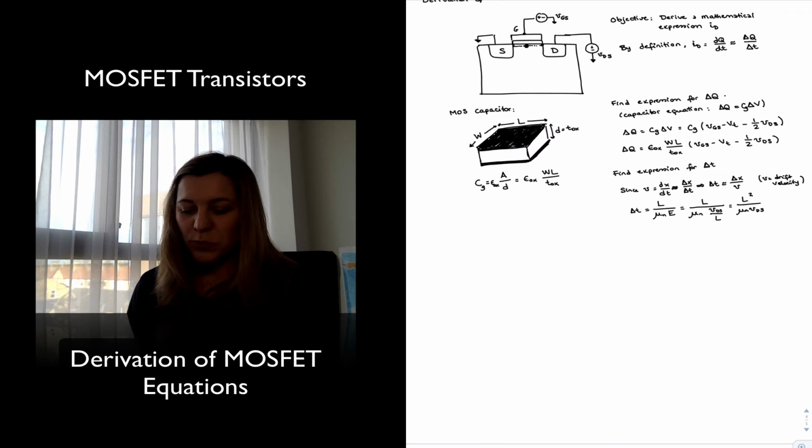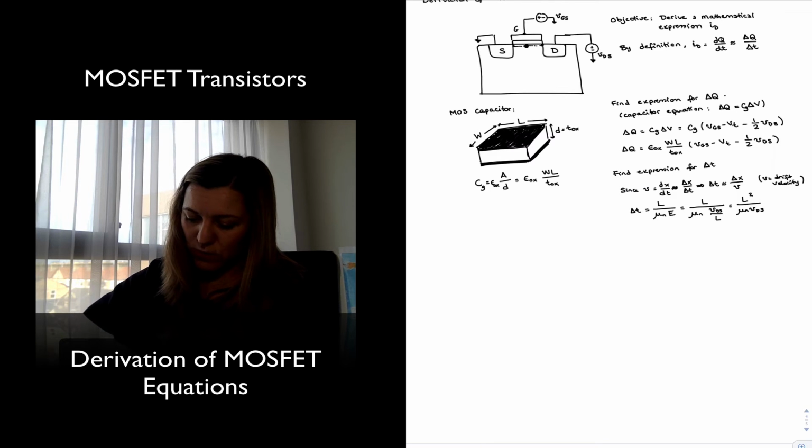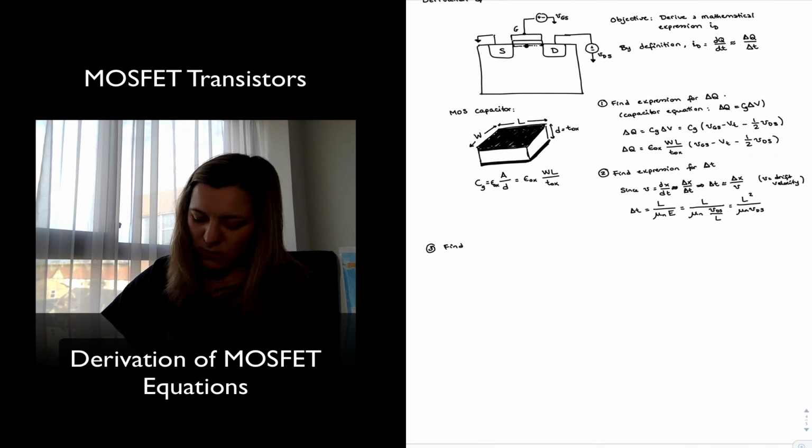So now that I have my expressions for delta Q and delta T, I can find an approximate expression for ID. So this will be step number 1. That was step number 2. I'm going for step number 3 now: find an expression for ID.